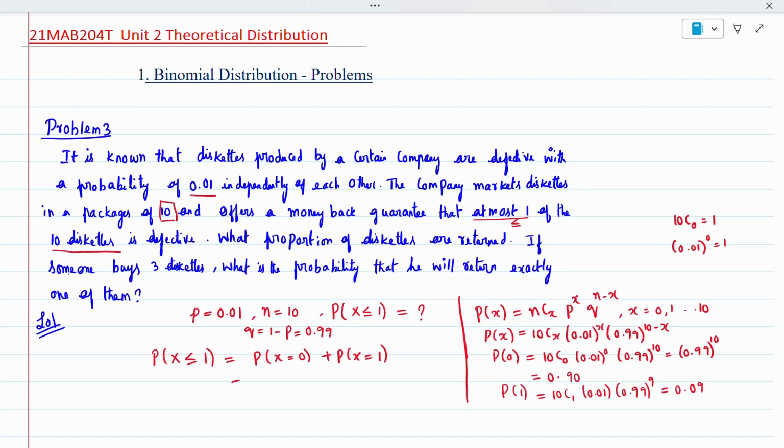So two answers, add both. 0.904 plus 0.09, when I add it, I am getting 0.995. It is for at most one of the 10 discs being defective. Till here, the answer is for x less than or equal to 1.